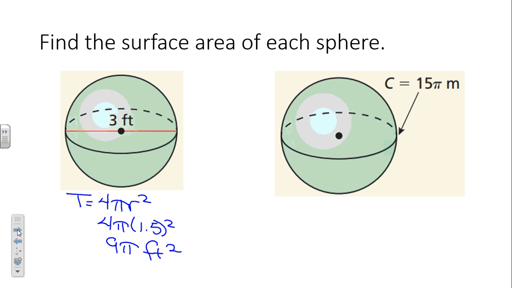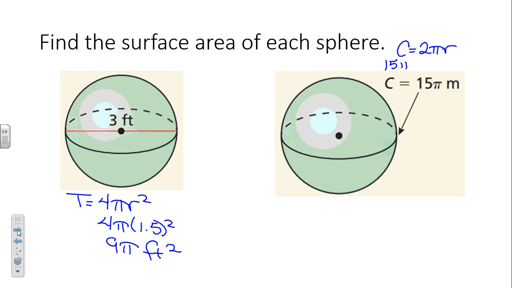The next one will be just like problem number 6 in your book today. We're asked to find the surface area of the sphere. What did they give us this time? Circumference. What's the formula for circumference? 2 pi r. So 2 pi r is equal to this 15 pi.